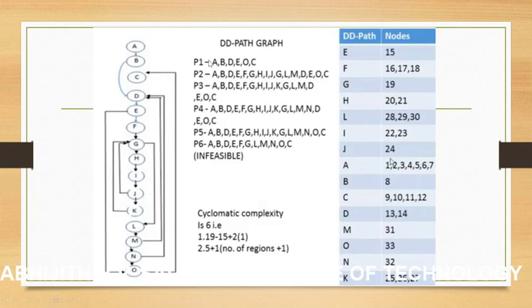For example, path 1 is a simple one. The flow will move from A to B. The function will be called. From B, the function is called, and it will enter into the branching statement E. Maybe the branching statement has failed, so it directly enters into O. Now from O, it will return back to the function, and it will proceed with the further statements, printing an array.